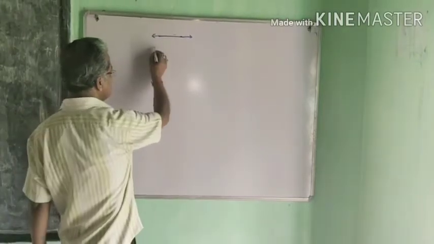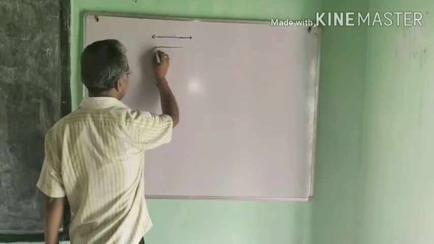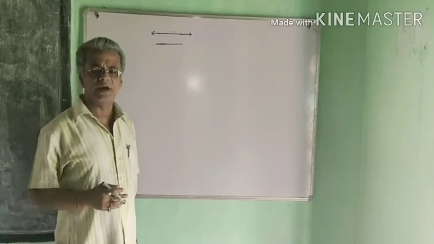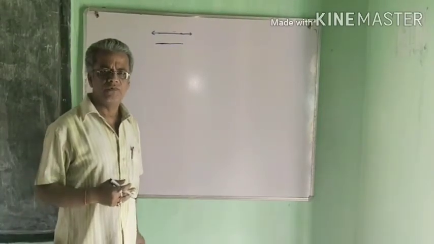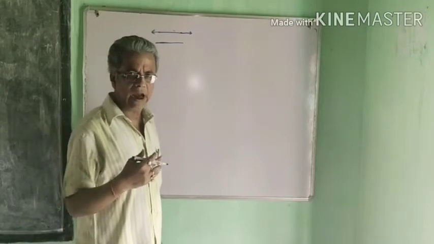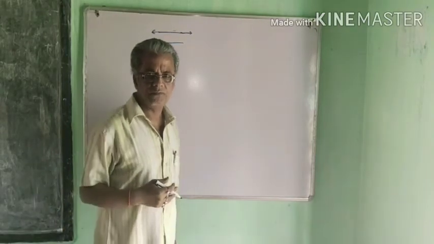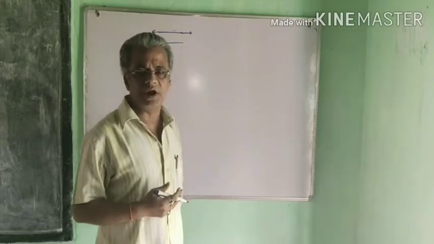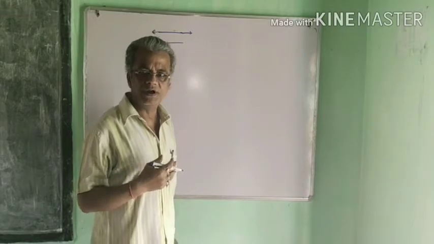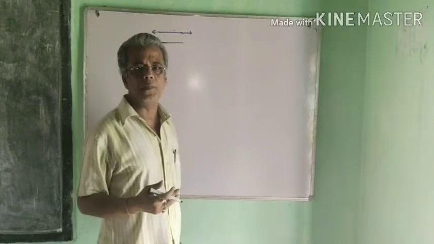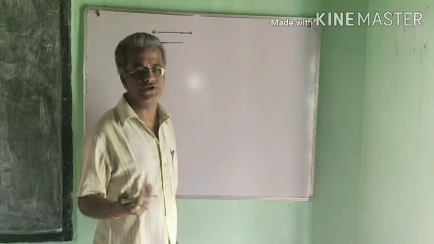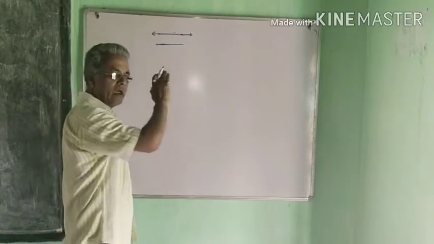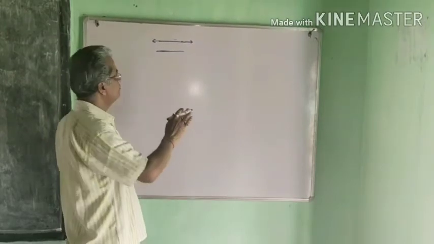So, what is the difference between a line segment and a line? A line segment means a terminated line which has end points on both sides, but a line is not terminated. It has no end point on both ways. So we have got line and line segment.